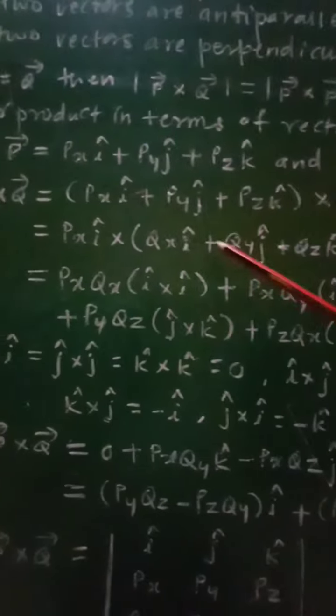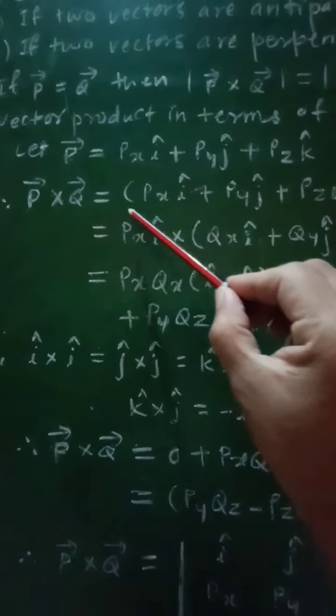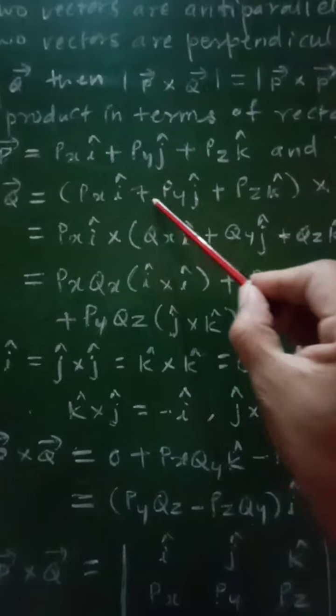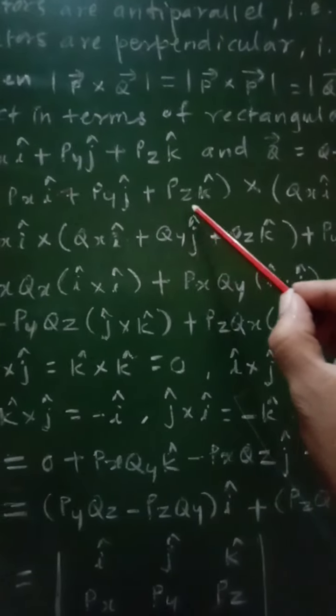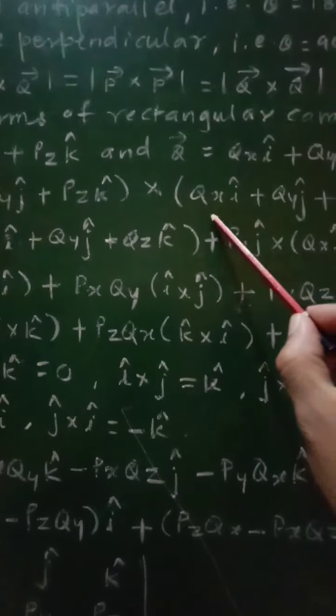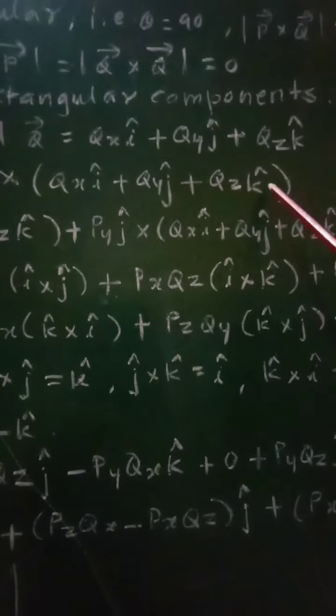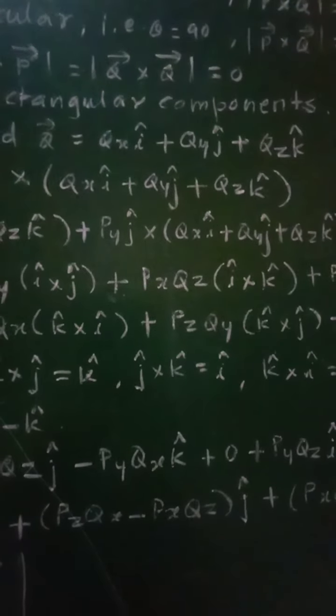Now let us take the vector product of these two, and therefore we can write vector p cross vector q equal to px i cap plus py j cap plus pz k cap cross qx i cap plus qy j cap plus qz k cap.